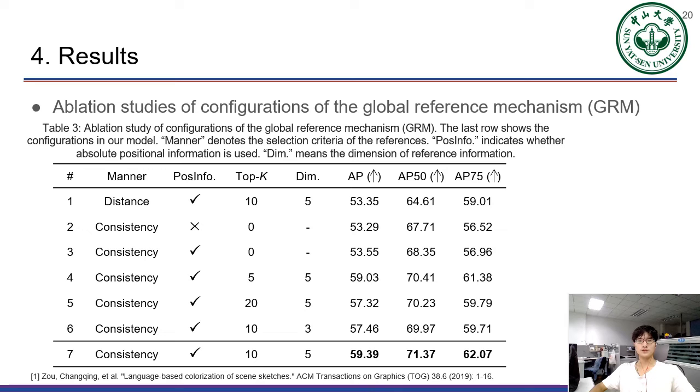When employing GRM with k equals 10, the performance improves by a large margin, but the model suffers performance degradation when k equals 5 or 20. Our model with 5-dimensional reference information is superior to the model with 3-dimensional one.